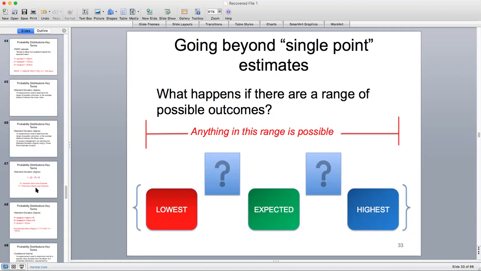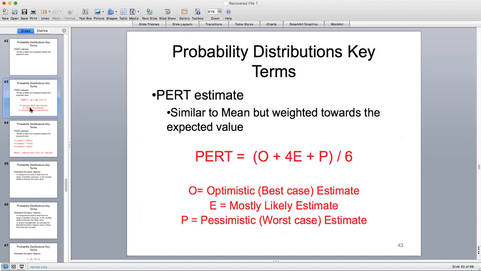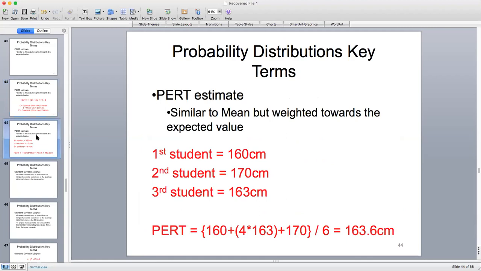We want to be able to use a stochastic model instead of expressing the risk with certainty in terms of a single point estimate. So if we use this model, this calculation still is a single point estimate. It still will give us one number, and the number here is 163.6 centimeters.